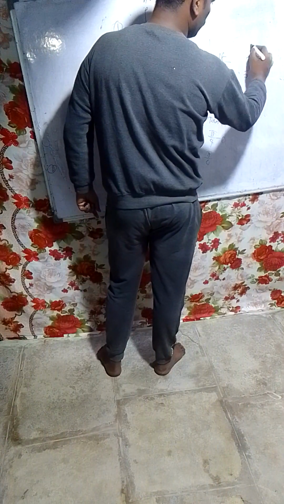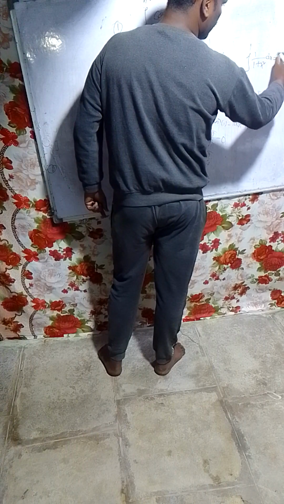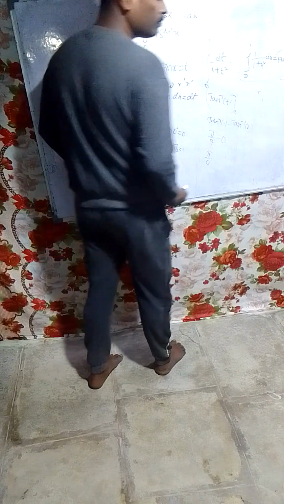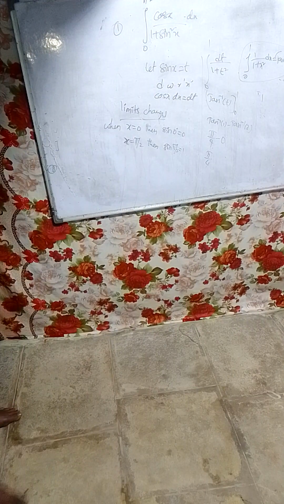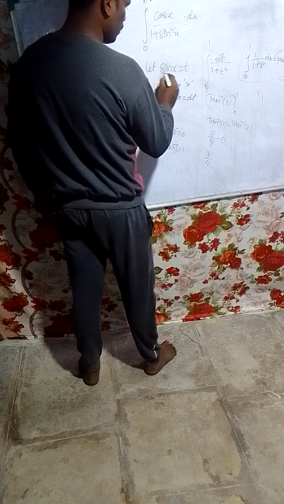Integration of 1 by 1 plus t square, what is the formula here? Integration 0 to 1, 1 by 1 plus x square dx equal to tan inverse x. See, what we are discussing here, the limits changing is very important.